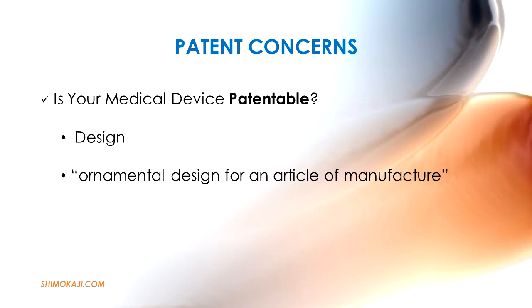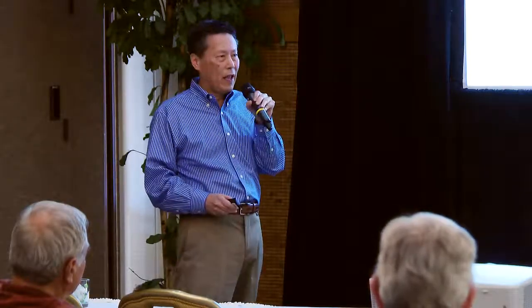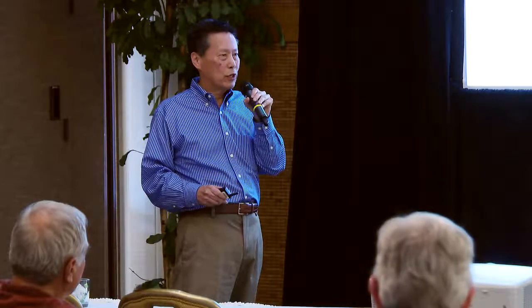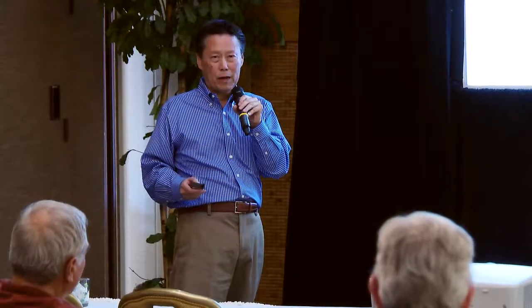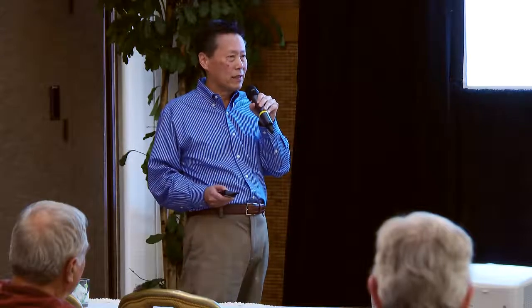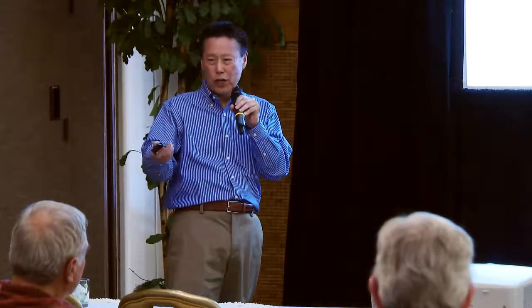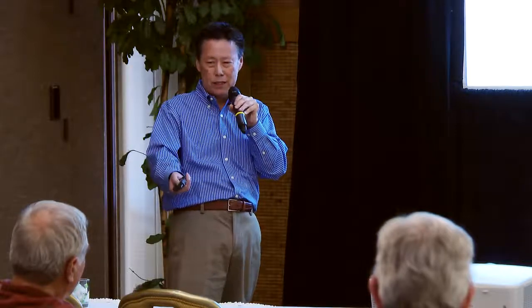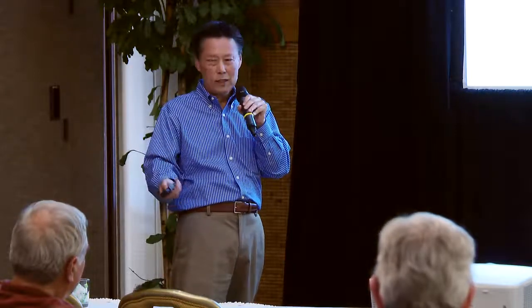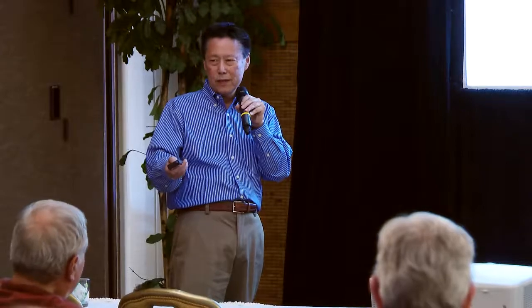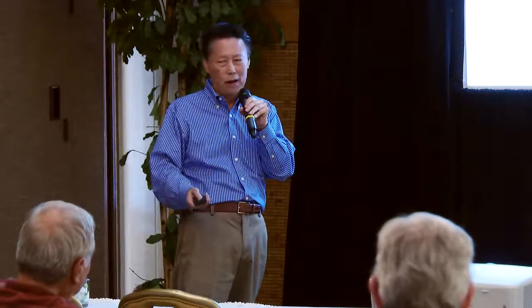A product like the chair that you're sitting in could be subject to utility patent protection as well as design patent protection. The utility part of this chair is that it's got a seat back, a seat bottom and 4 legs. The design part of it is the shape of the seat back with the hole in the back there.